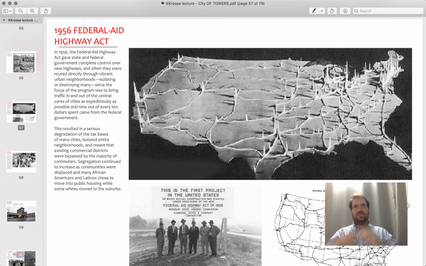After the Second World War, the economy was booming in the US. Everybody started to buy cars, so now cities had to be fit for the car, and that meant you would need new highways. And outside of the city it's easy to make new highways, but inside you have to cut through existing urban fabric.